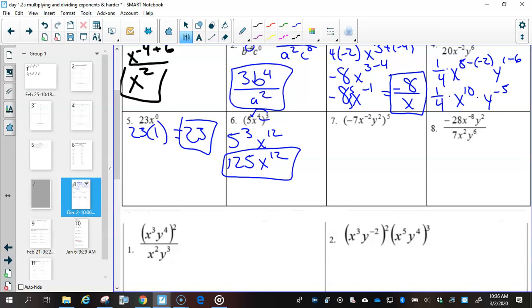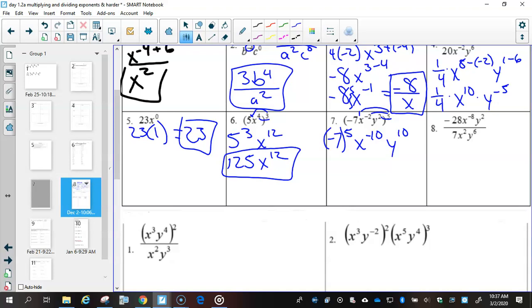Same thing with 7. We are raising exponents to other exponents. So negative 7 has an exponent of 1. Its new exponent would be 5. If we're multiplying, what would our new exponent be for x? Negative 10. What would our new exponent be for y? Positive 10. What is negative 7 to the 5th power?